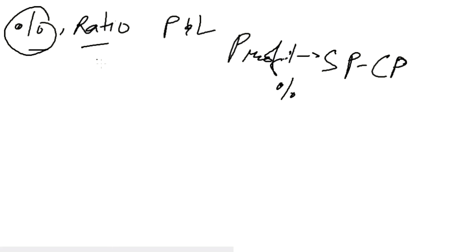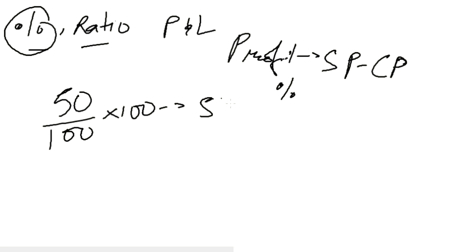For example, how many marks did you secure in your high school paper, let's say social science or maths, let's say maths. Let's say you get 50 marks out of how much? If it is out of 100, you say 50 into 100, that gives you 50%, right? What if it is out of, let's say, 150?